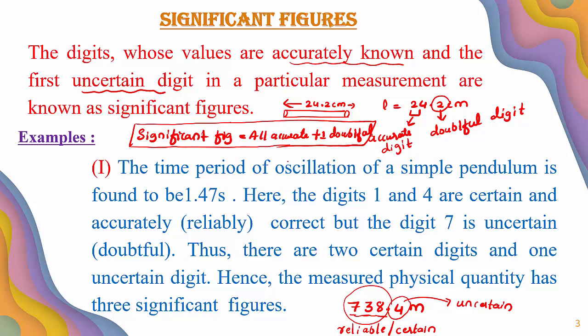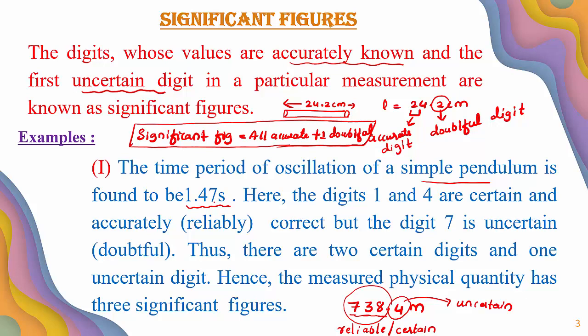The time period of oscillation of a simple pendulum is found to be 1.47 seconds. This is the time period of oscillation of a simple pendulum. The value given is how much? 1.47 seconds. Here the digits 1 and 4 are certain. The first two digits are accurate, certain, reliable.